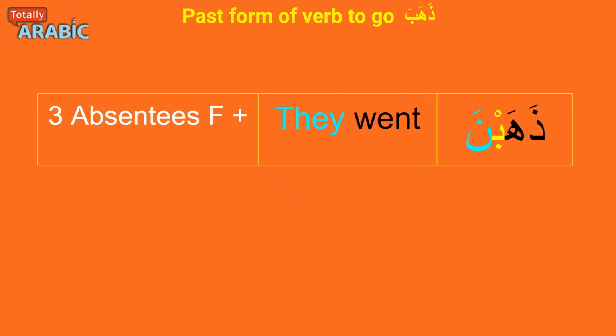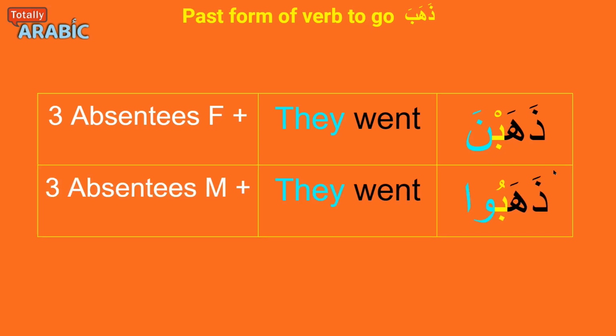Now, if the absentees, al-ghaibat, are female, so it can be either 3 or more, in Arabic, we say ذهبن. Fatha, fatha, here changes again to sukun, and we add noon with fatha. ذهبن. If the absentees are male only, and there are at least 3 or more, in English, they went, but in Arabic, we say ذهبوا.